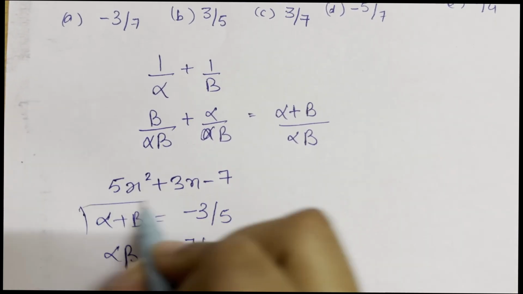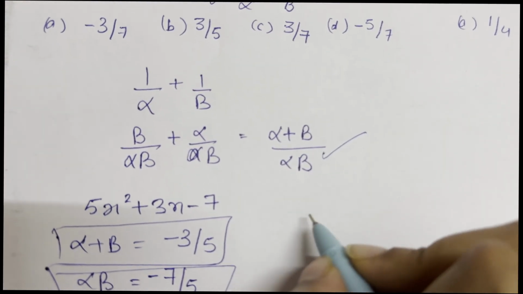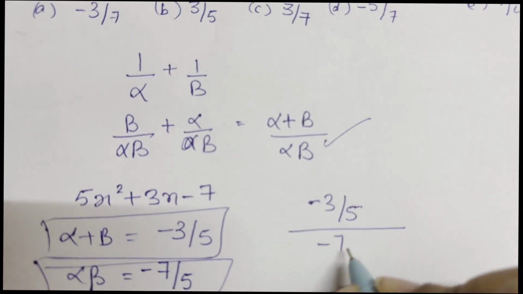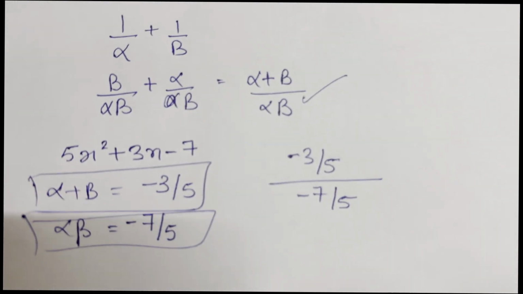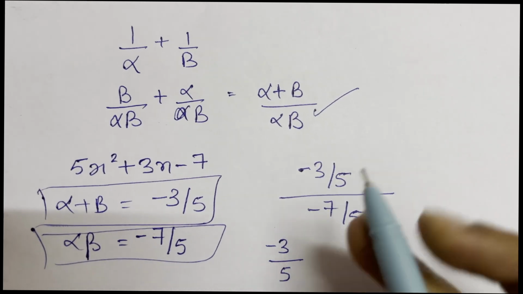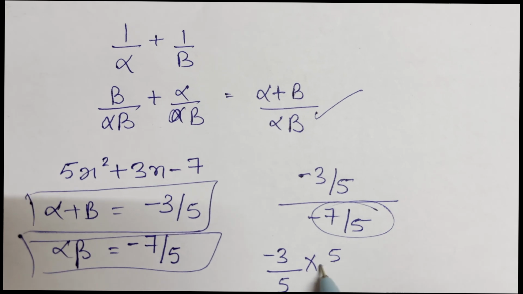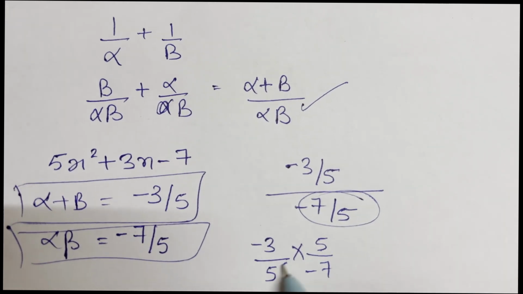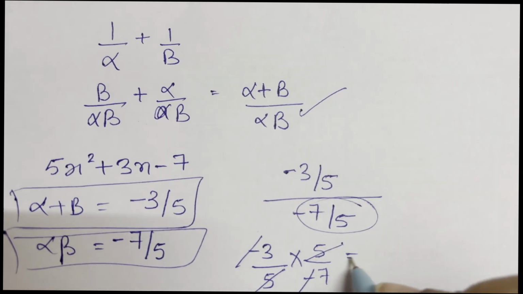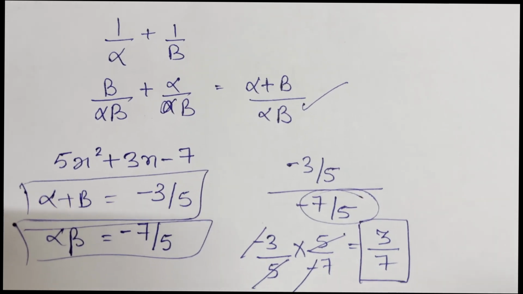When we put these two values in our equation, we got minus 3 by 5 upon minus 7 by 5. And whenever we have a double fraction, the method of solving is 3 by 5, and the denominator fraction gets reciprocal. 5 got cancelled by 5 and the minus sign got cancelled by the minus sign in the denominator. So we got 3 by 7.